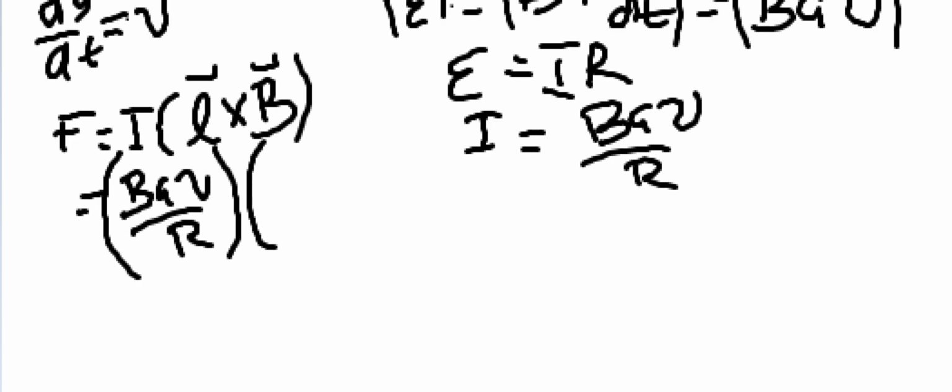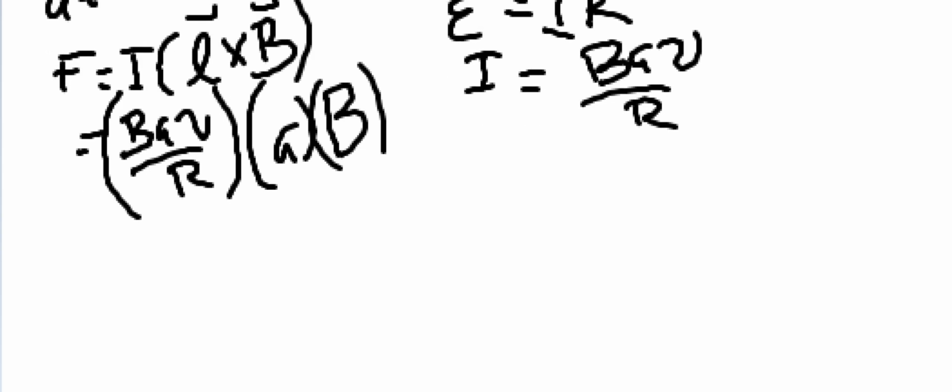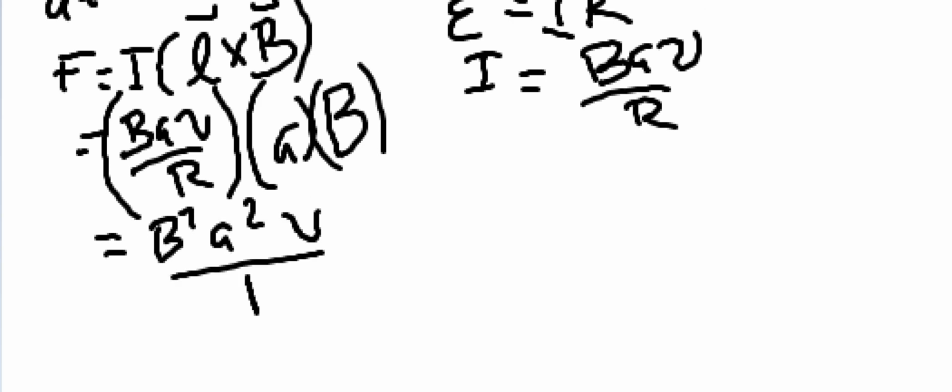So L will be A, and B will be B. Since the force is going to be perpendicular to this, it'll be sine 90 degrees. So we get an answer of B squared A squared V over R to be our force. And this force that's being denoted is our magnetic force.